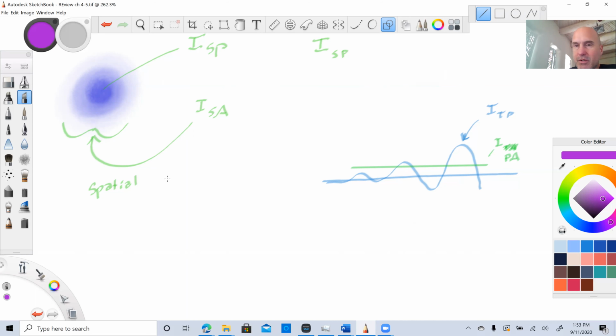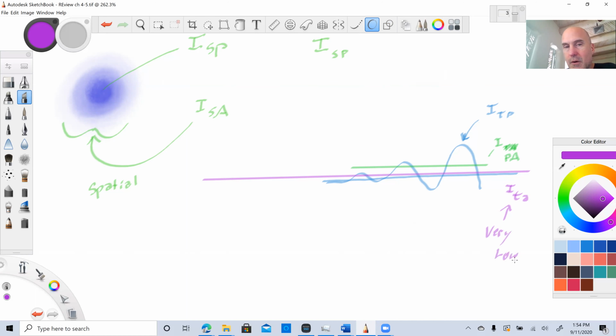Average pulse strength is going to be really weak because remember, 99% of the time we're listening. So the intensity TA, temporal average, is very, very low.